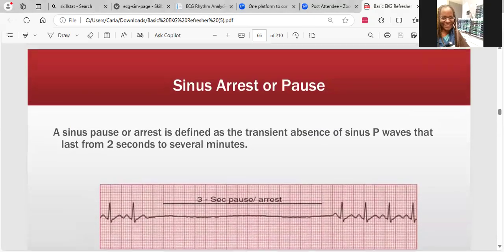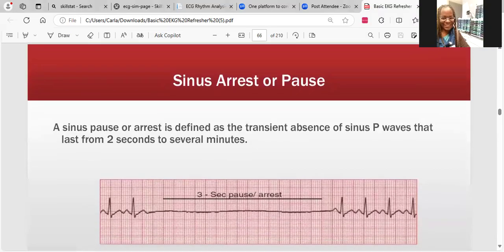Last but not least, we're going to talk about our sinus arrest or pause. A sinus pause or arrest is defined as a transient absence of sinus P waves that last from 2 seconds to several minutes. We've seen sinus arrest where the rhythm looks normal. It starts with a P wave, PQRST, another PQRST, and then it appears to have a flat, long line in the center.